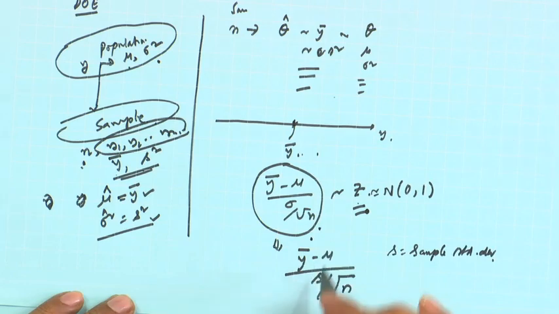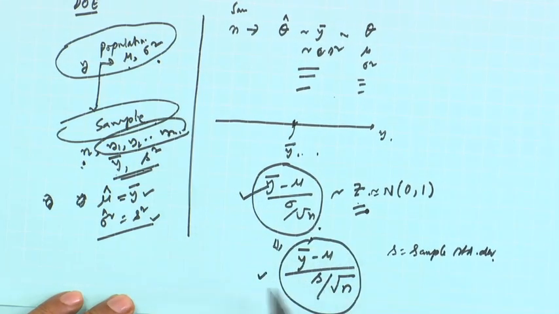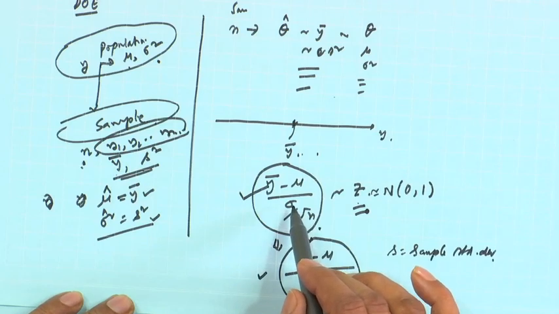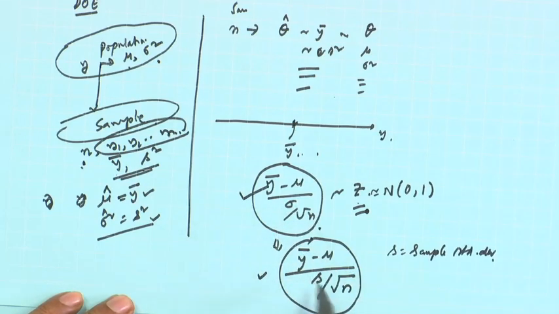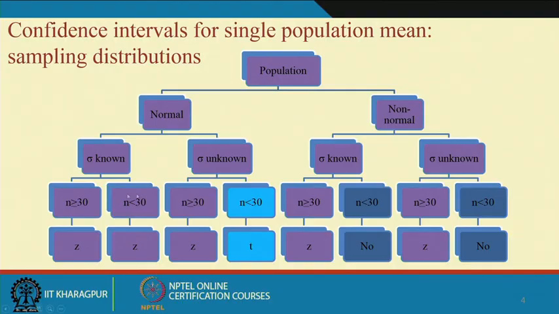So, that means there is a qualitative change between these statistics. Here the population variance sigma is known; here the population variance is not known. As a result, the sample estimate is used, that is S by root n. So, these statistics will follow a normal distribution if n is large, greater than or equal to 30.